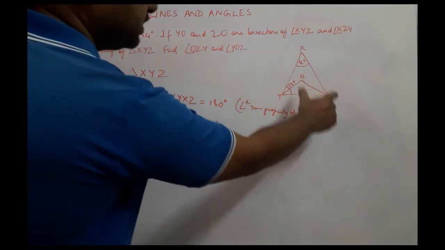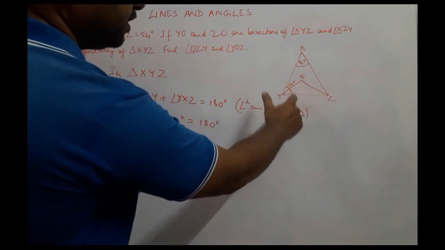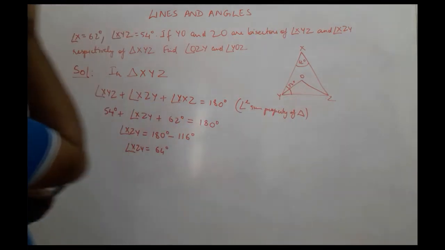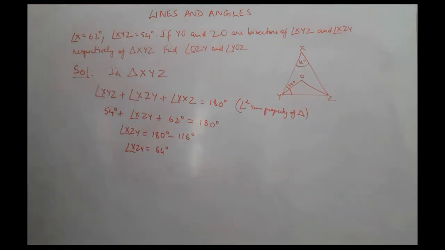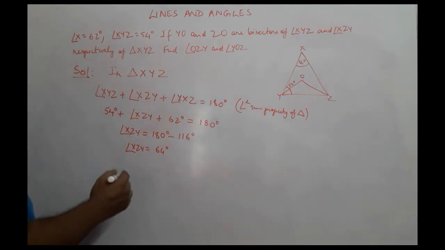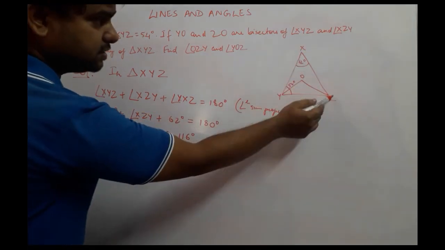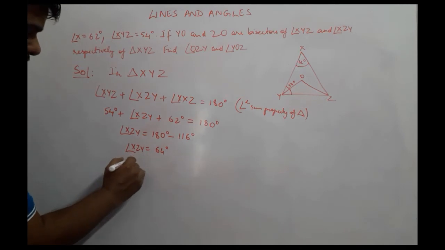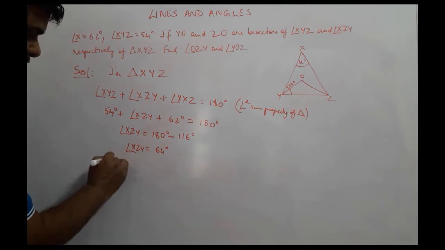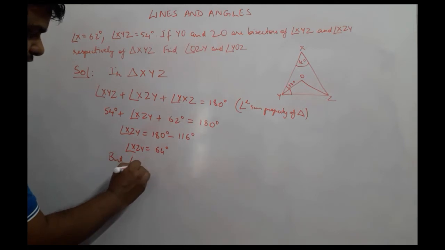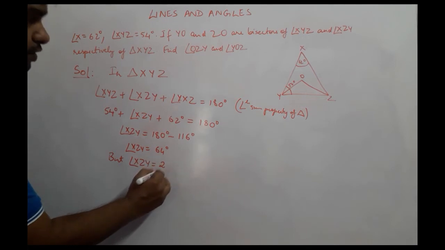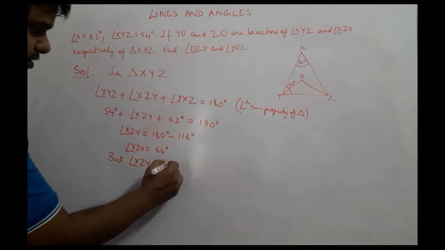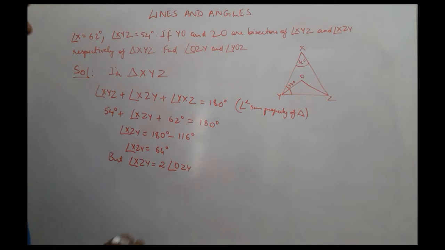Now we have got XZY. We know XZY and we know XYZ. So now what we can do is continue with this. Angle XZY is equal to 2 times angle OZY.